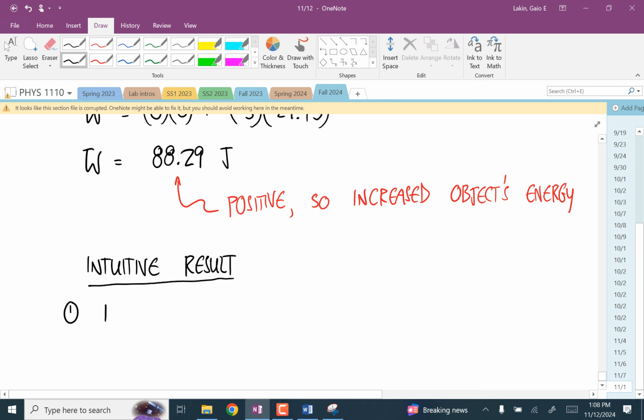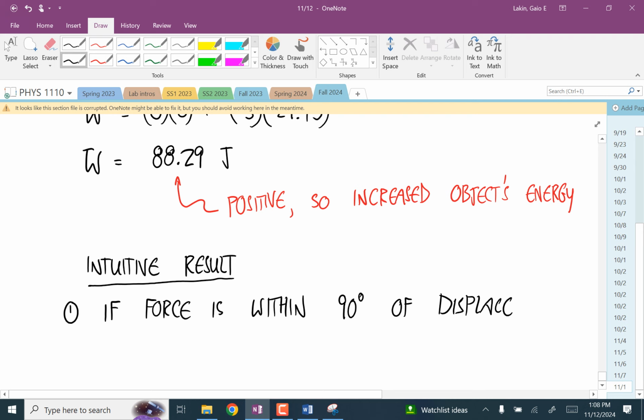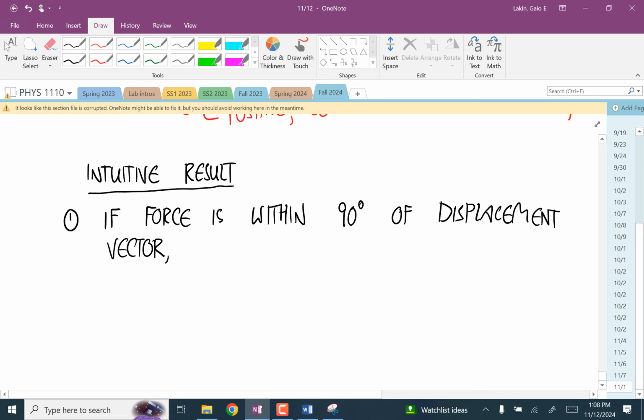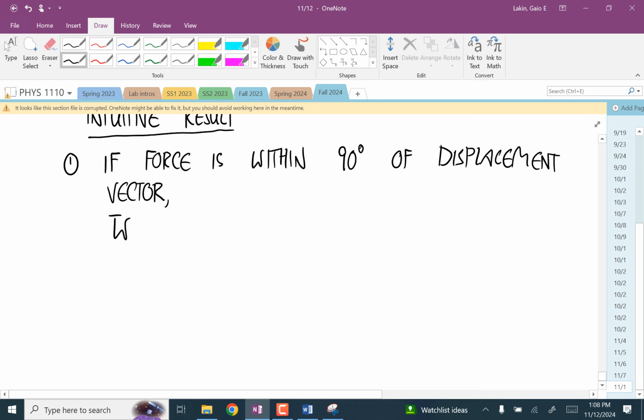So first, if the force is within 90 degrees of the displacement vector, then W is positive, and the force increases the object's energy.